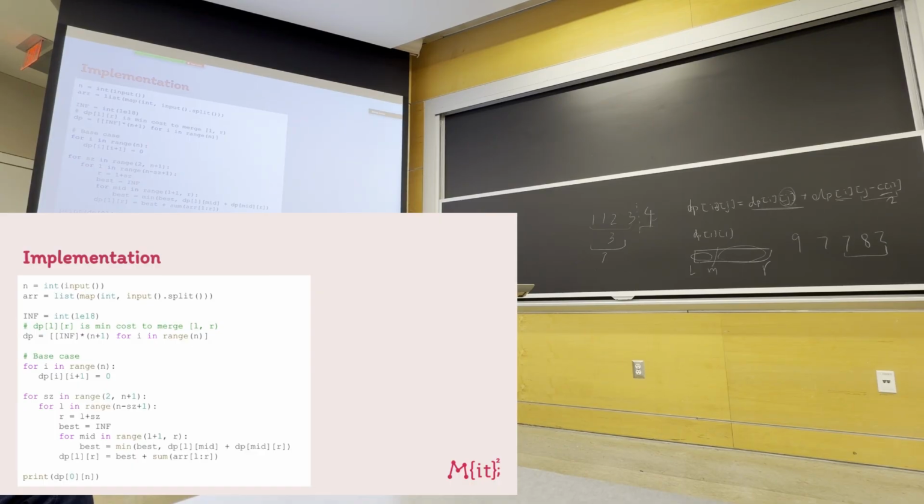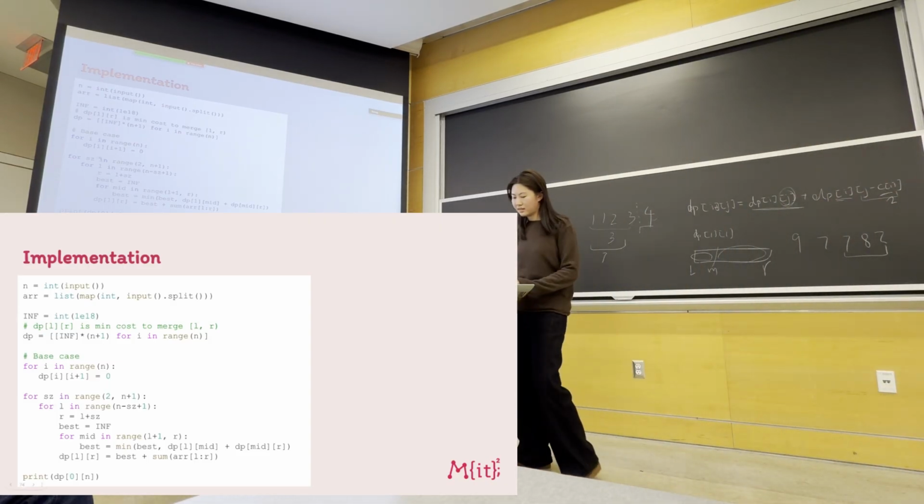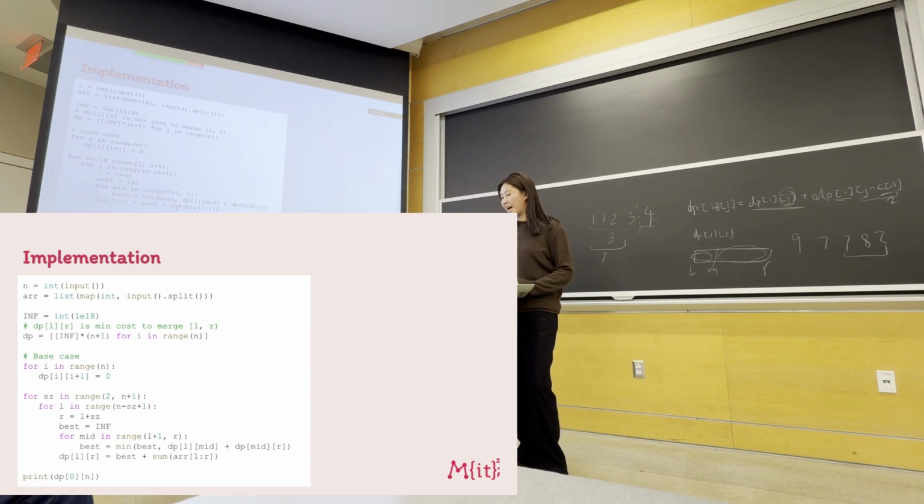So we can iterate through M. For example, if we choose this as the M, this interval of 1 and this interval of 2 are already pre-computed by our first steps. And this goes on. So we just need to add the current cost of the merge.